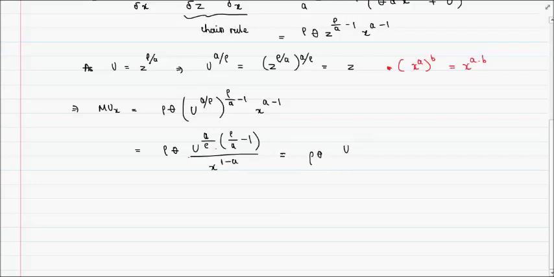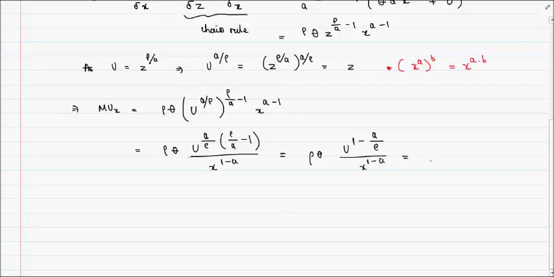u to the power of the bracket. If I expand the bracket, I got a on rho times rho on a, which gives me 1, minus a on rho, and everything divided by x to the power 1 minus a.